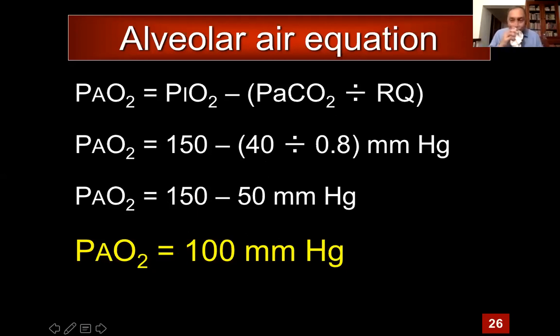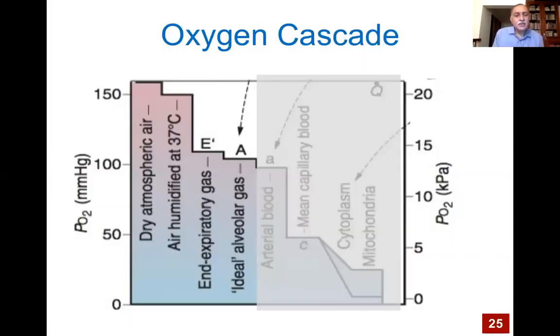So once the warmed and humidified gases reach the alveoli, the alveolar oxygen tension drops from 150 millimeters of mercury to 100 millimeters of mercury, which is what you find in this step. In the ideal alveolar gas, the alveolar oxygen tension, PAO2, reaches roughly 100 millimeters of mercury, which is the continuation of the oxygen cascade as we go from the atmosphere to the alveoli.